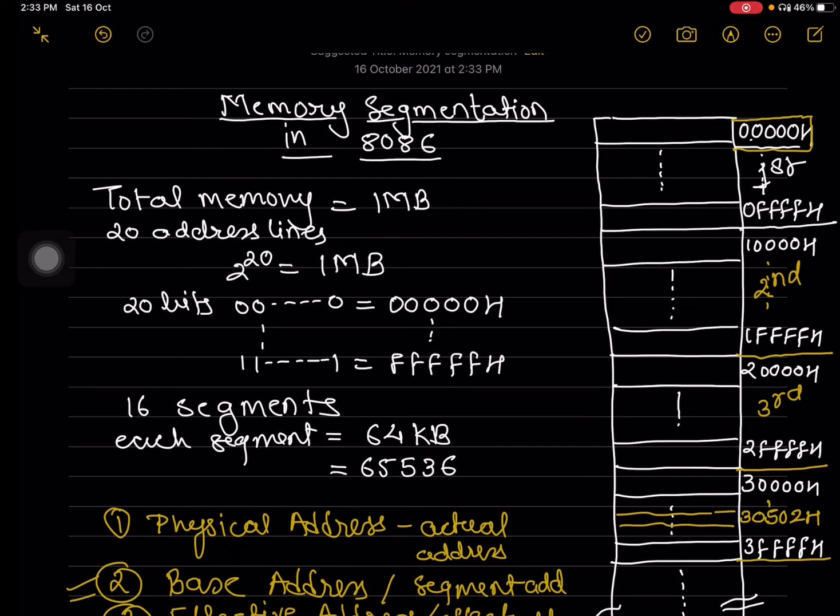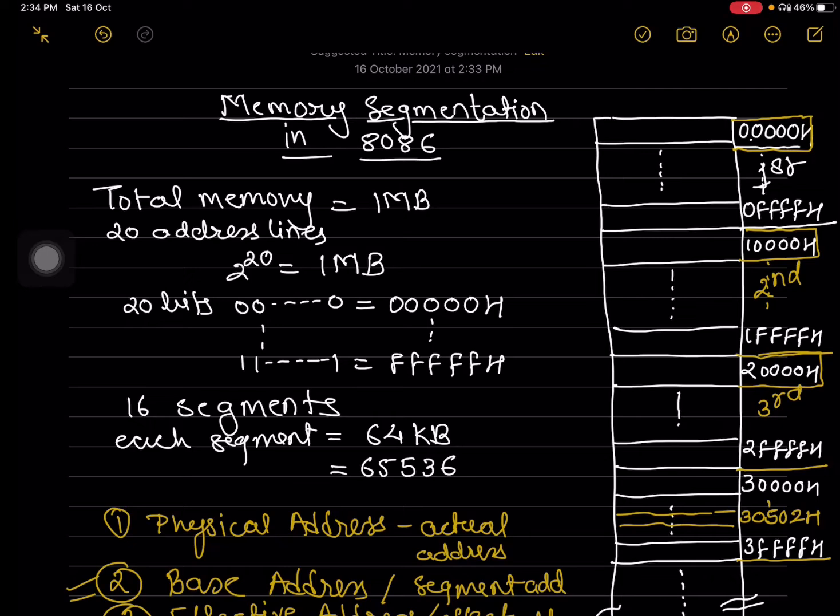So 00000H is the base address for the first segment. 10000H is the starting address of the second segment, so 10000H becomes the base address of that segment. 20000H is the starting address of the next segment, so 20000H becomes the base address of that entire segment. So if any segment begins from address X, then X is the base address of that entire memory segment.